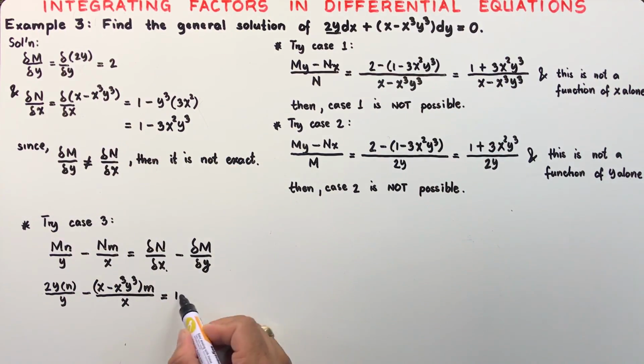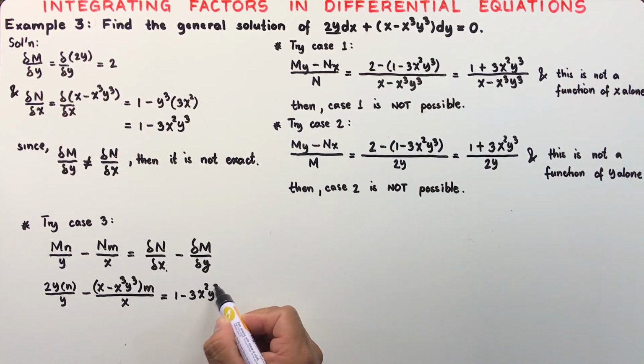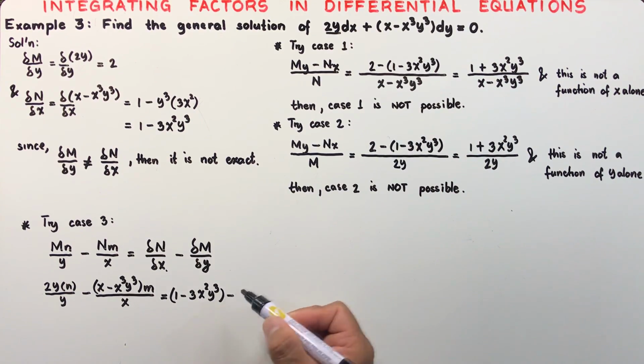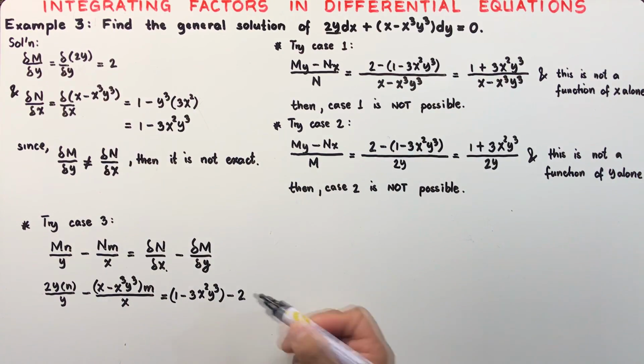So 1 minus 3x squared y cubed, and this will be subtracted by our partial derivative of M with respect to y, which is 2.